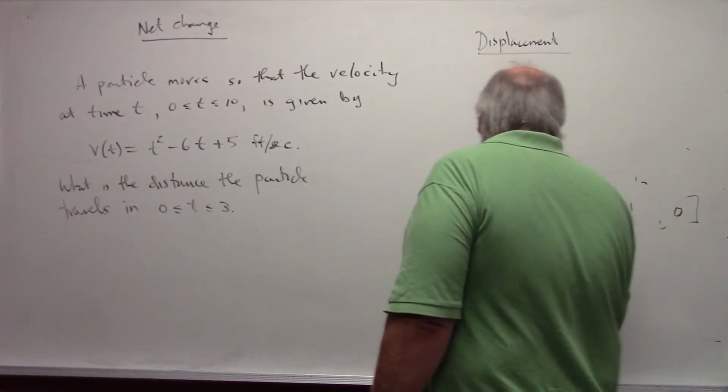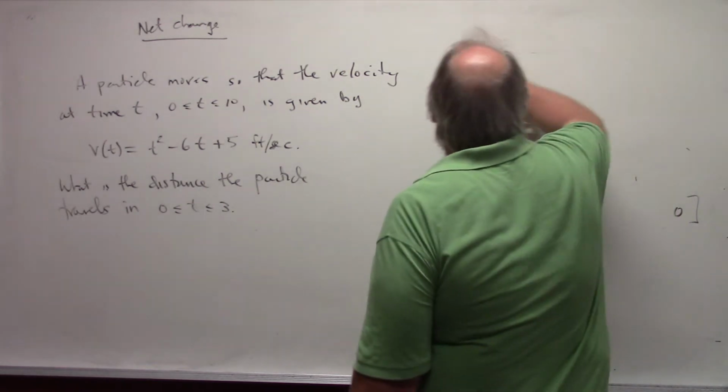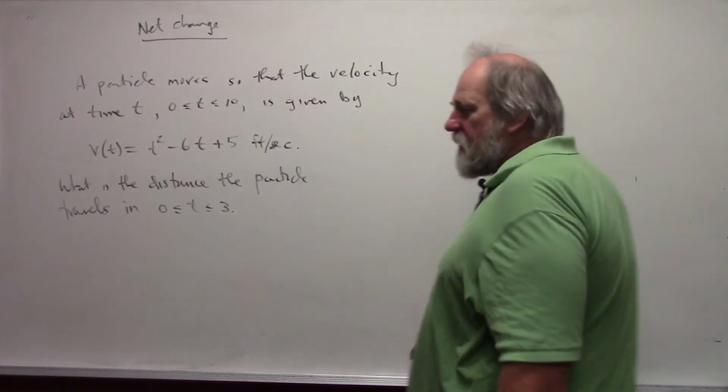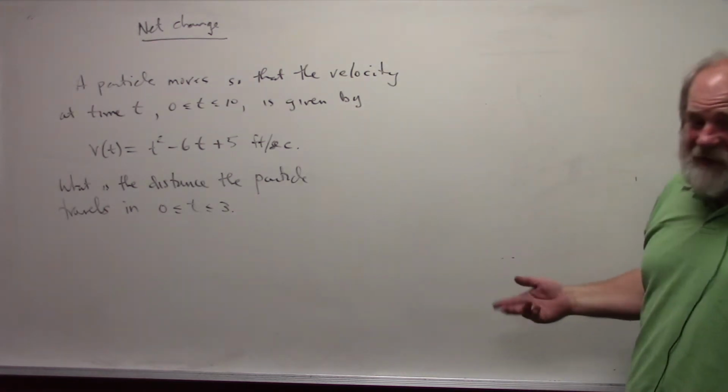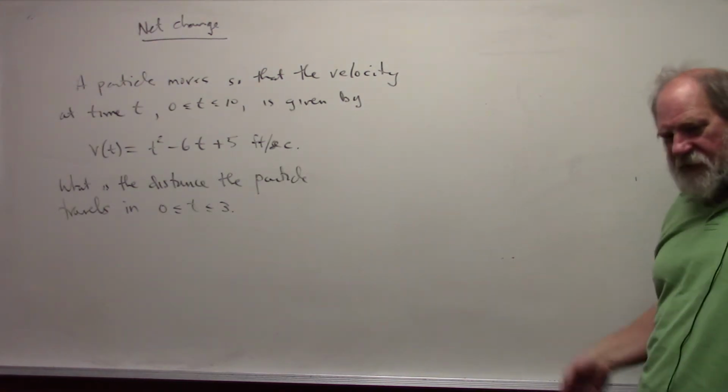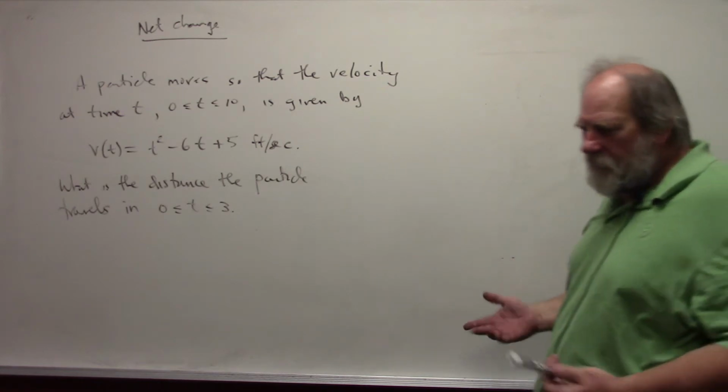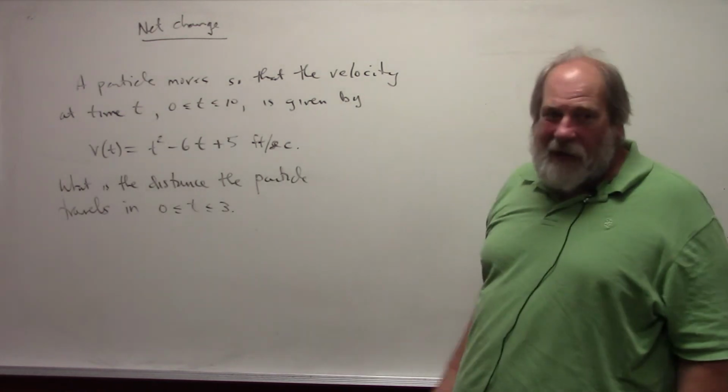Okay, now, as I mentioned before, this particle moves forward and backward, and so taking the integral directly, as I just did, is not going to give us the distance. Some distance is covered that gets, we end up going back on itself.